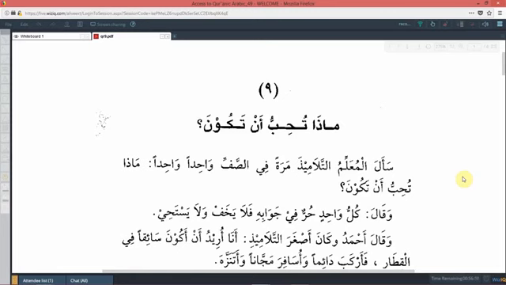We also know the word mudarrisu, right? Mudarrisu with the same vowels. Muallimu, the one who teaches, the one who makes someone learn.